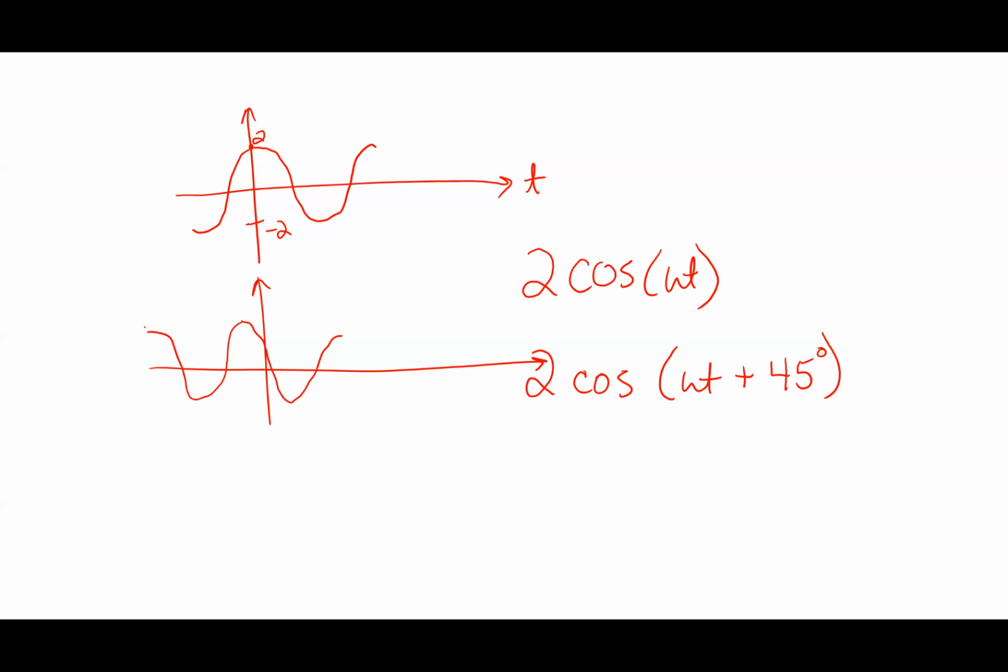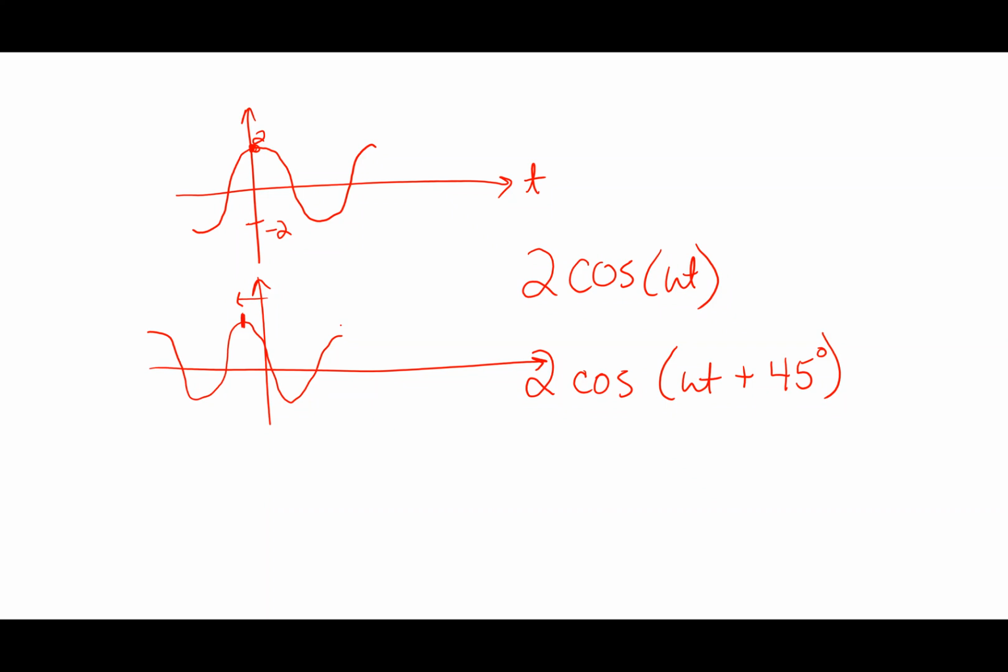The way I think about this is it's pulled to the left because the peak that would have otherwise happened at 0 got pulled earlier in time. So by saying plus 45, it got pushed earlier in time. If it had been minus 45, it would have been pushed to a later point in time.